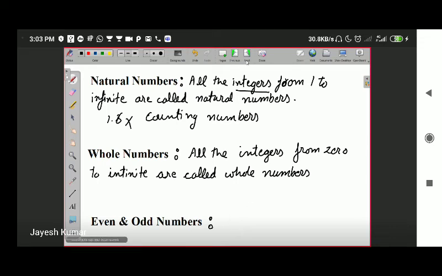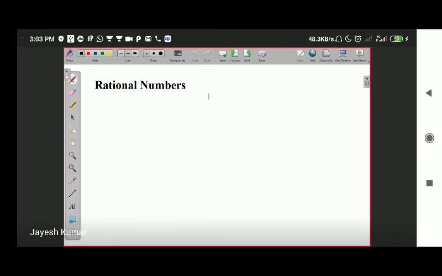Moving on. Next is rational number. Rational number is quite important for our topic now. What are rational numbers?